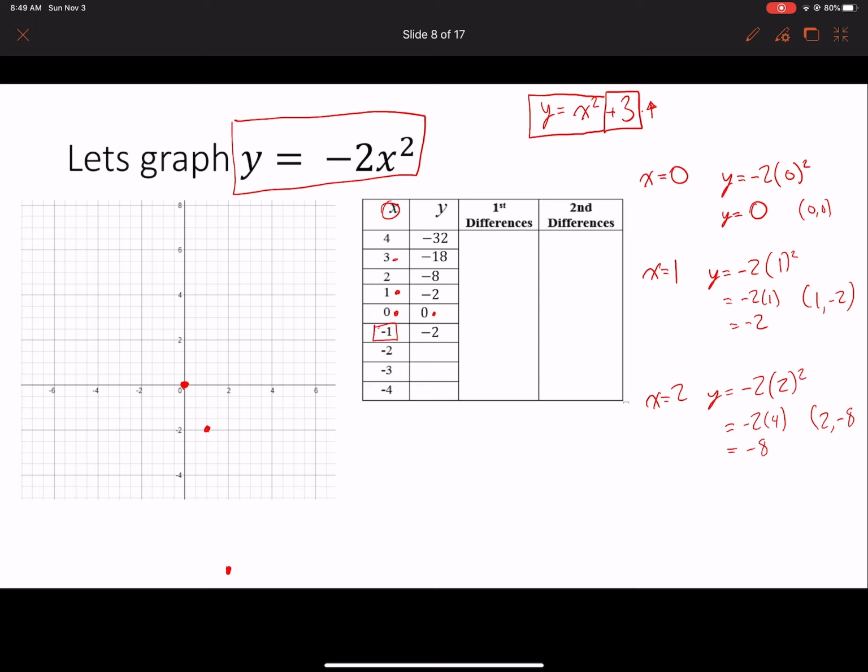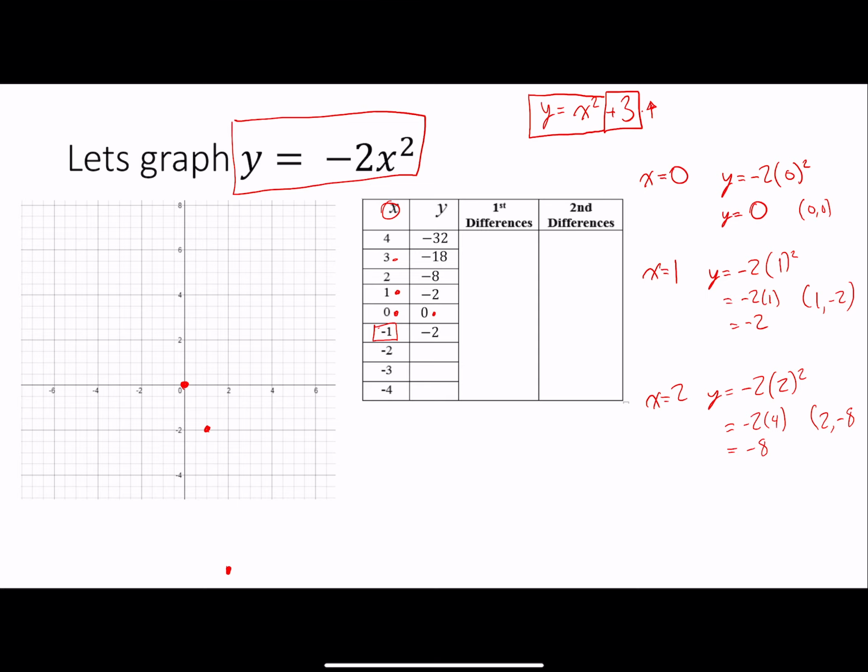We're going to end up getting -2, and because I have a 2 there, it'll be the same. It'll be -8, etc. Where it's symmetric along these lines. Okay, just take note of that.